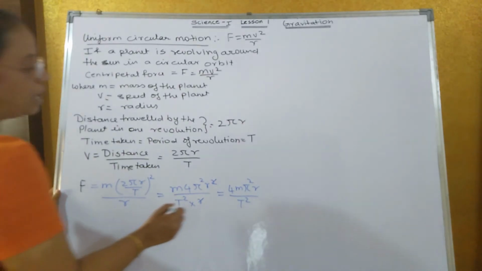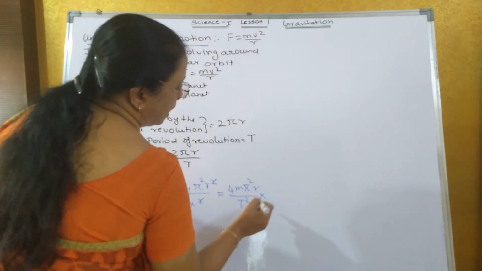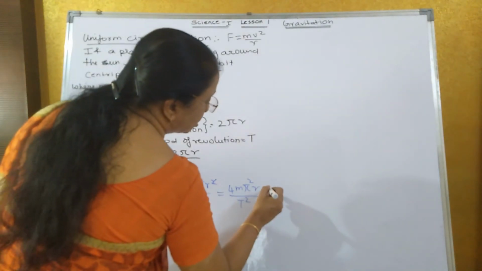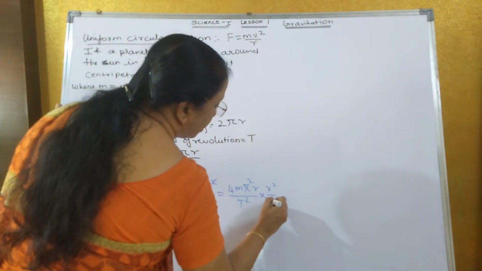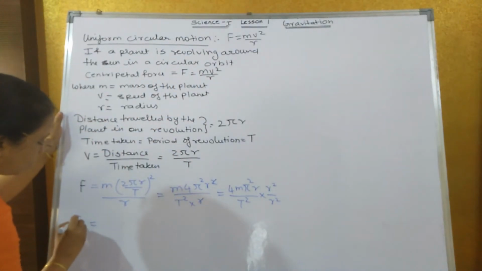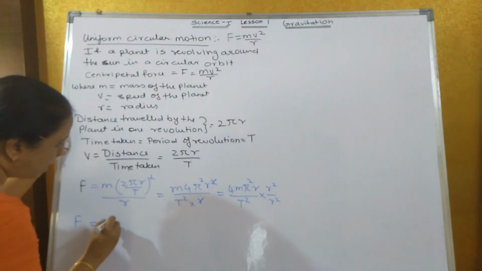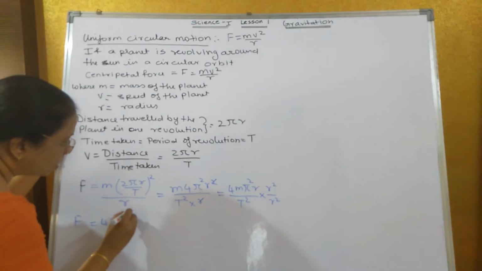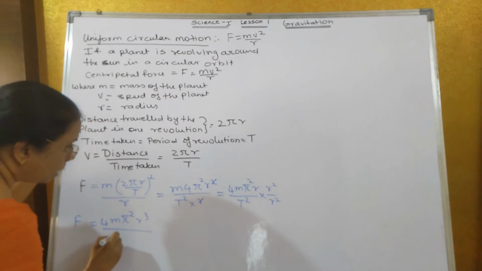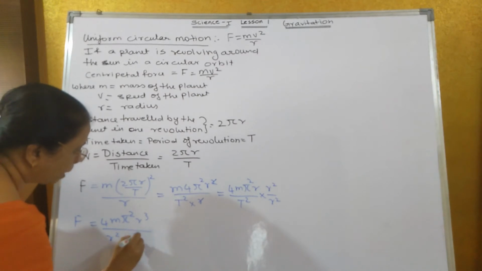Now multiply the numerator and the denominator by r square. So multiply by r square and divide by r square. So F is equal to 4m pi square r cube upon r square into t square.